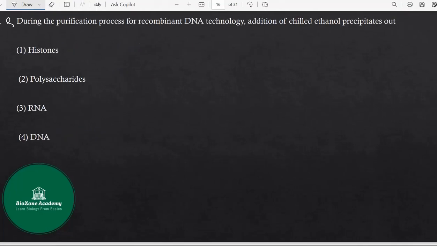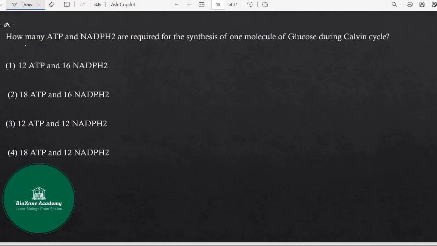Next question. During the purification process of recombinant DNA technology, addition of chilled ethanol precipitates out what? The options are histones, polysaccharides, RNA and DNA. The correct option is DNA. Next, how many ATP and NADPH molecules are needed for one molecule of glucose synthesis during the Calvin cycle?